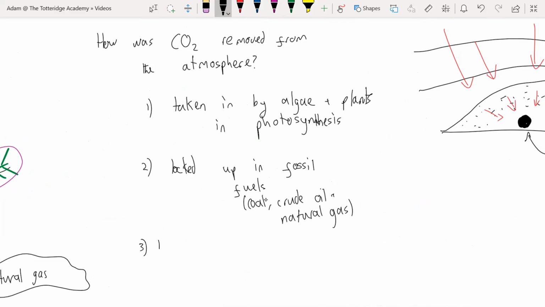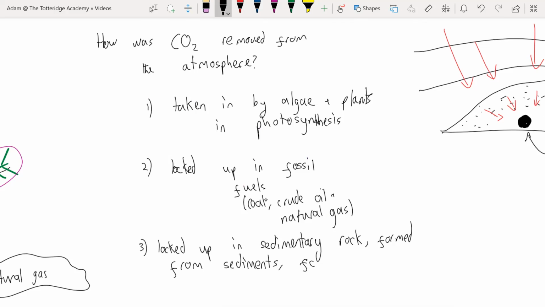And again, that phrase that we use is locked up in sedimentary rock, which is formed from sediments, which in turn is formed from carbon dioxide dissolved in the oceans. And you don't really need to know much more than that.